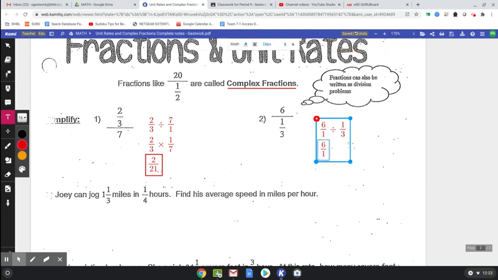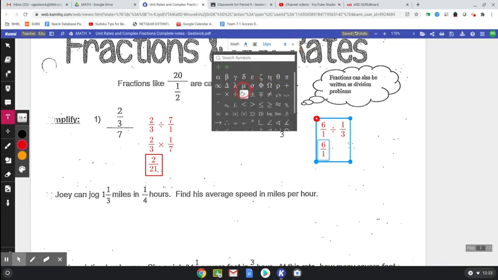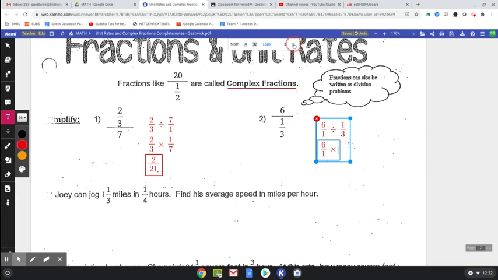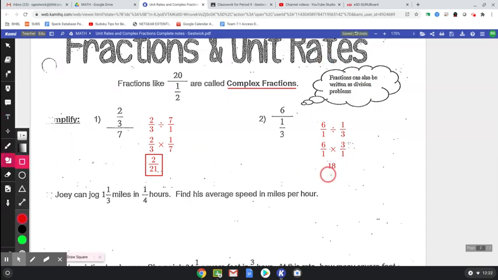So 6 over 1 times, and you're going to flip it, 3 over 1. And check out this one. 6 times 3 is 18. 1 times 1 is 1. We don't even need to write that part. And there is your answer there. Okay.